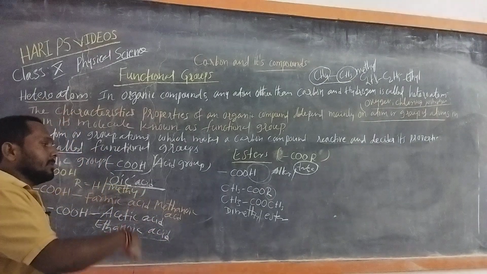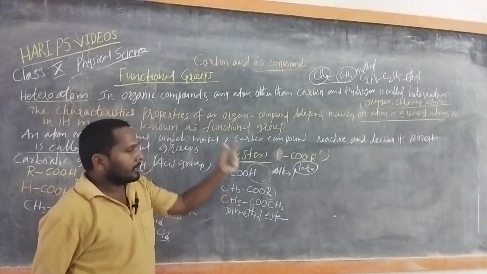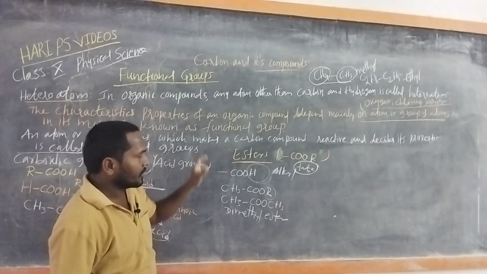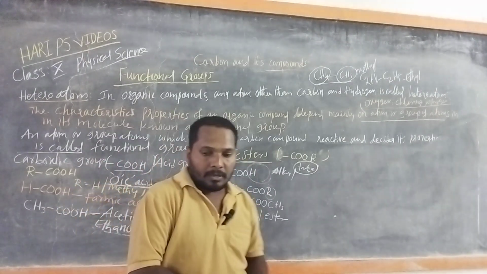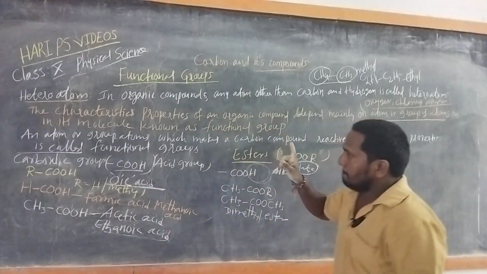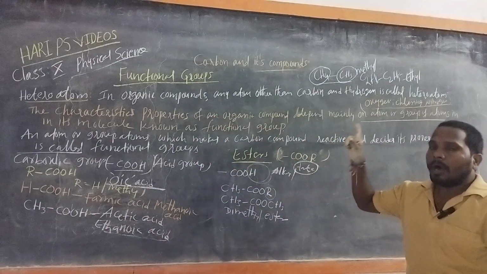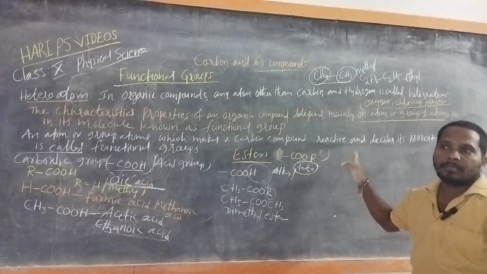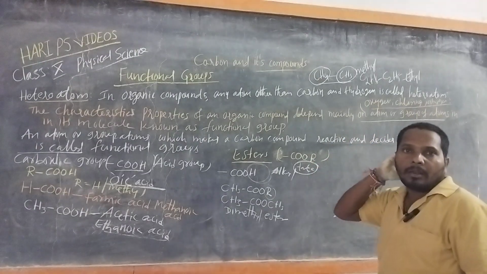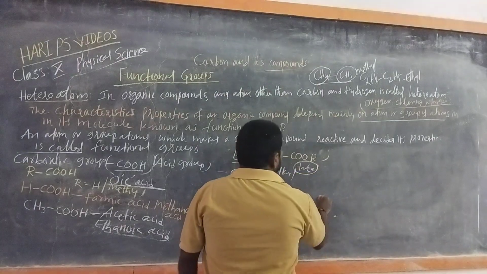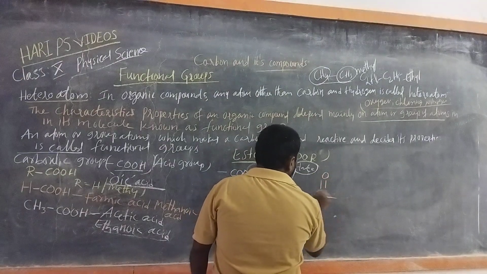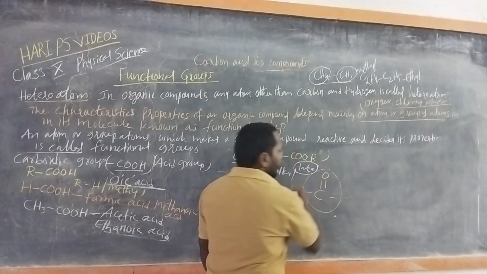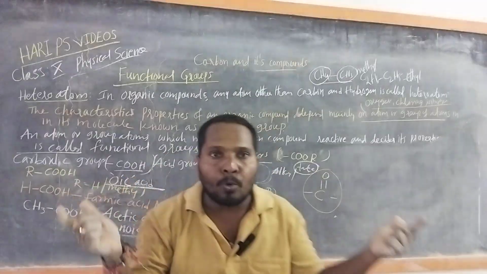Similarly, ethyl ester, methyl ester, like COOR after the functional group. Carboxylic groups, alcohols, esters, aldehydes, ketones, all consist of a C double bond O, so all are under the carbonyl groups.